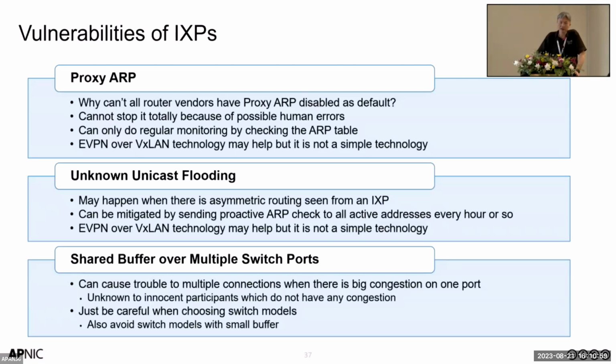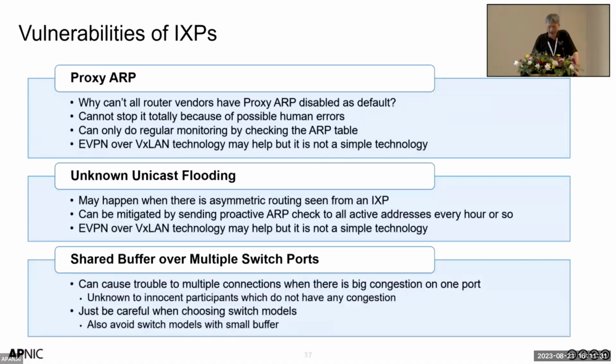Whenever people send traffic to that unicast MAC address, since the switch doesn't know where it is, it would just broadcast the unicast traffic to all the ports. It will keep on and on until that router responds. But since that router has asymmetric routing, the traffic will actually go through the other path. And so it will become very, very serious.